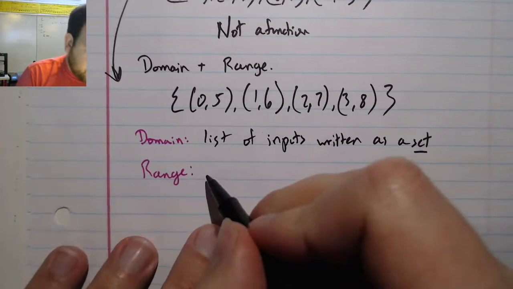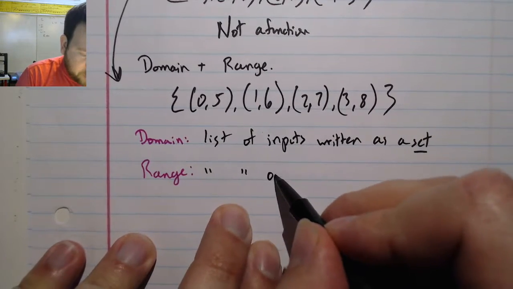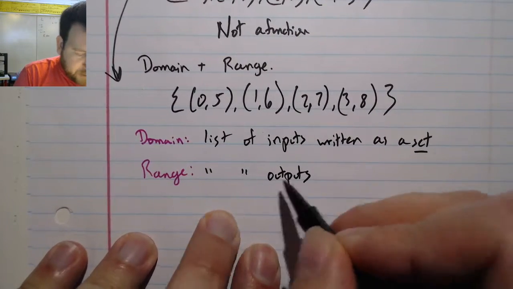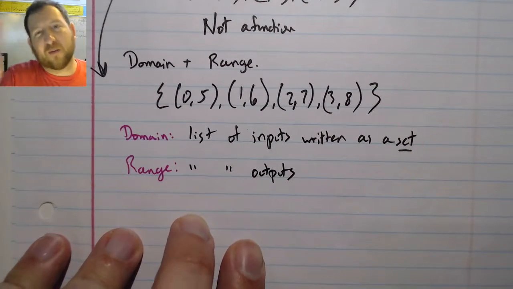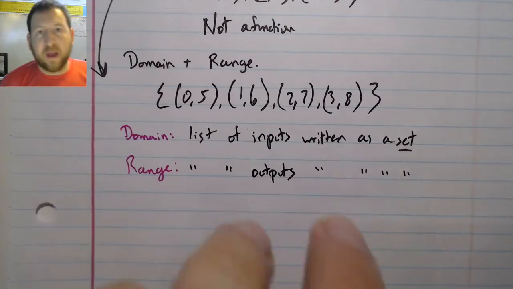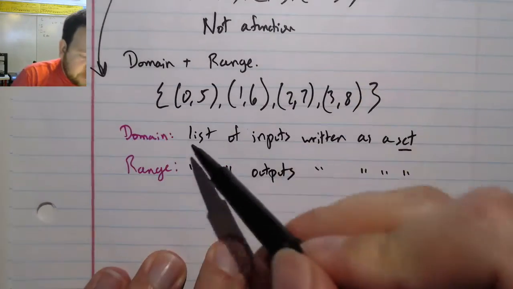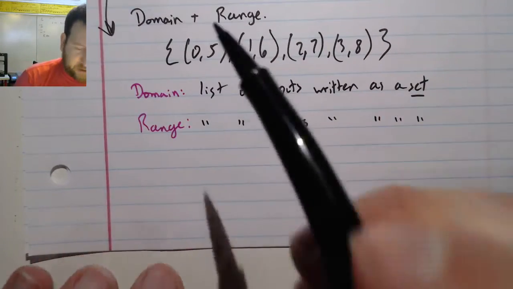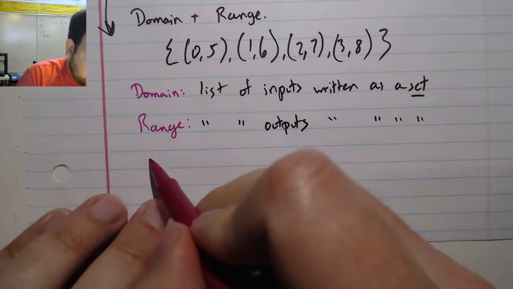It's our list of outputs, written as a set. These are little ditto marks. They just mean whatever is above. Okay, so if I was going to write the domain and range of this function, it would look like this.